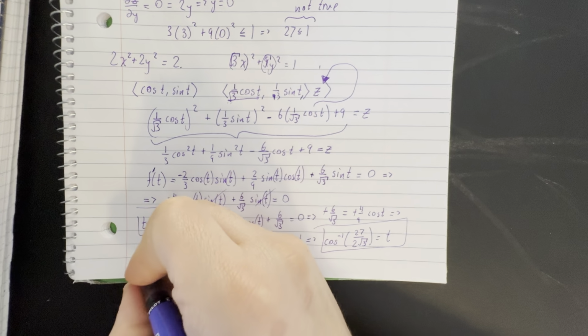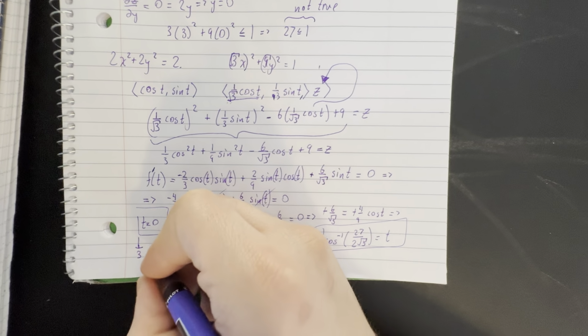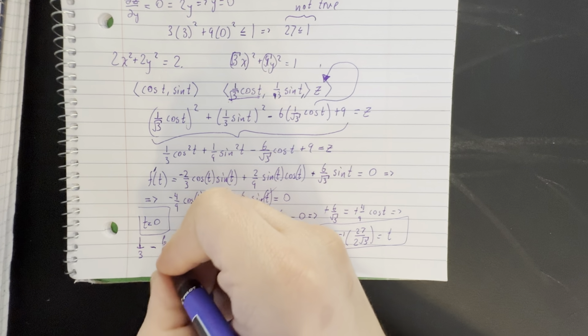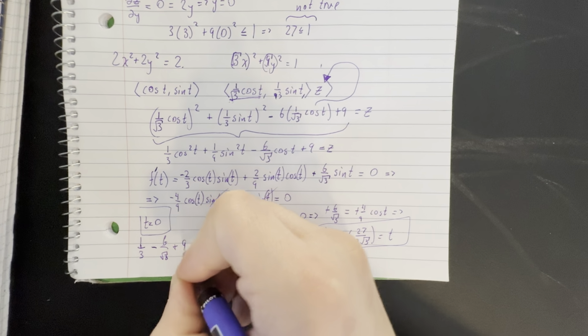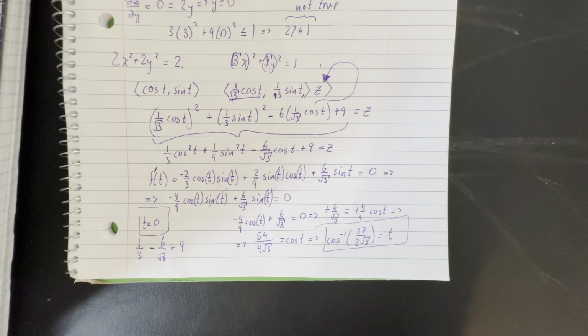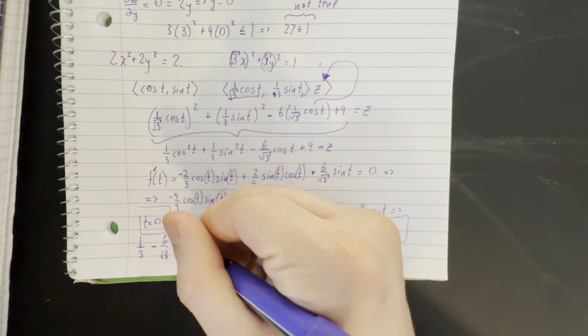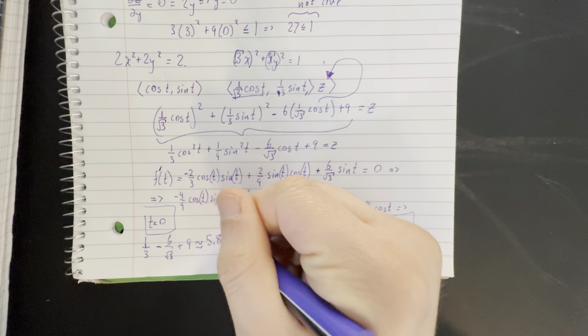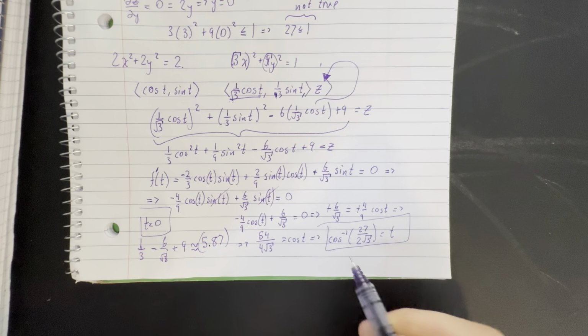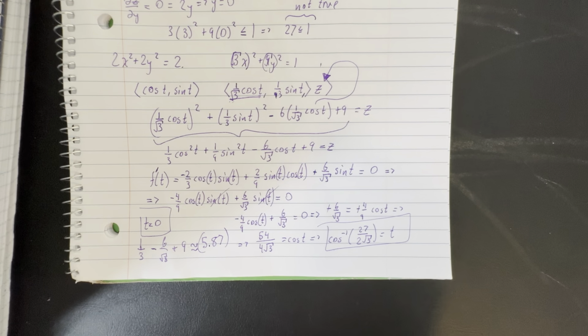This is going to be 1 over 3 minus 6 over root 3 plus 9, which is, let's see, 1 over 3 minus 6 over root 3 plus 9. So this is about 5.87. Now if we plug this ugly number in there, you have arc cosine of 27 over 2 root 3.